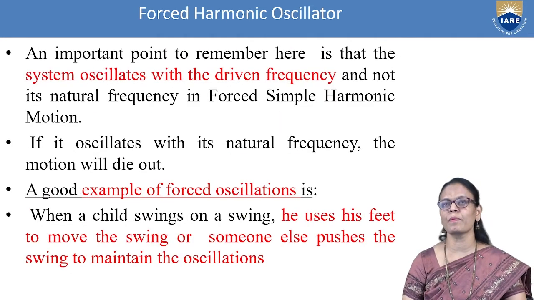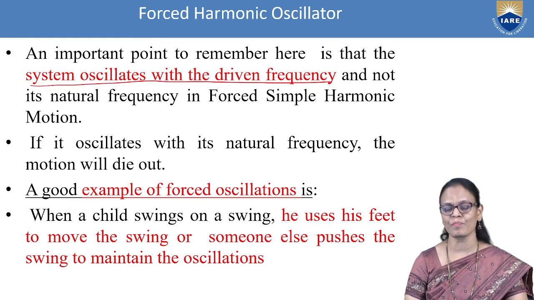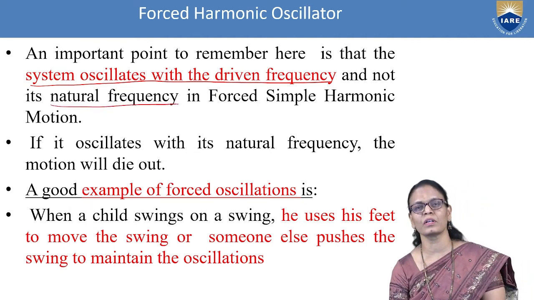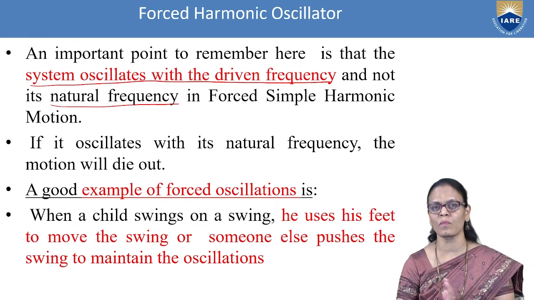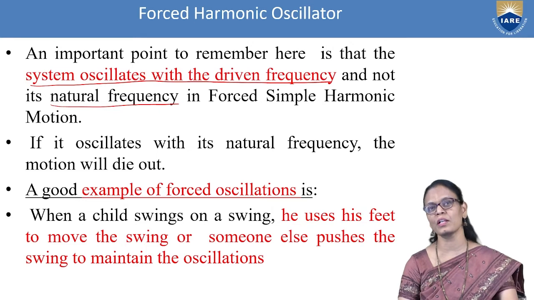Now one important point to remember here is that the system oscillates with the driven frequency and not the natural frequency. In case of free oscillations, we have seen that the system will vibrate with its natural frequency. They are free oscillations. But here, it is not vibrating with its natural frequency.